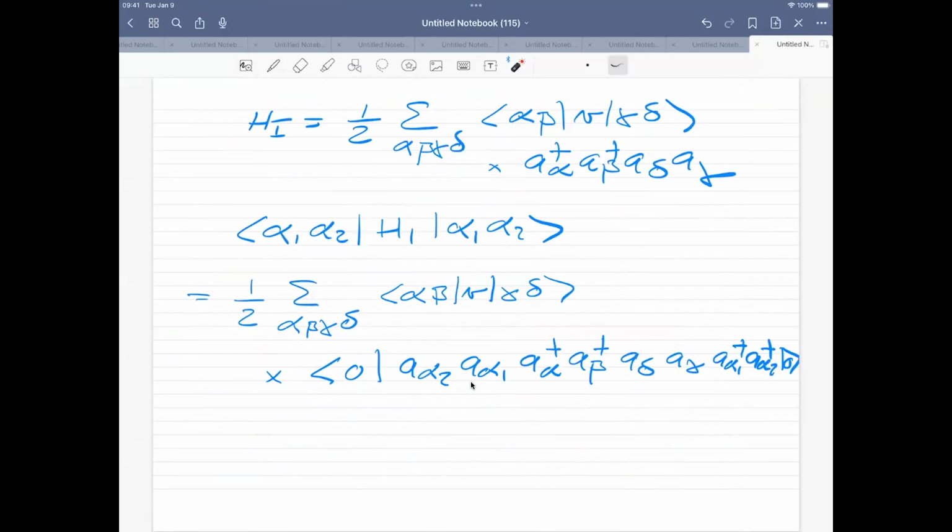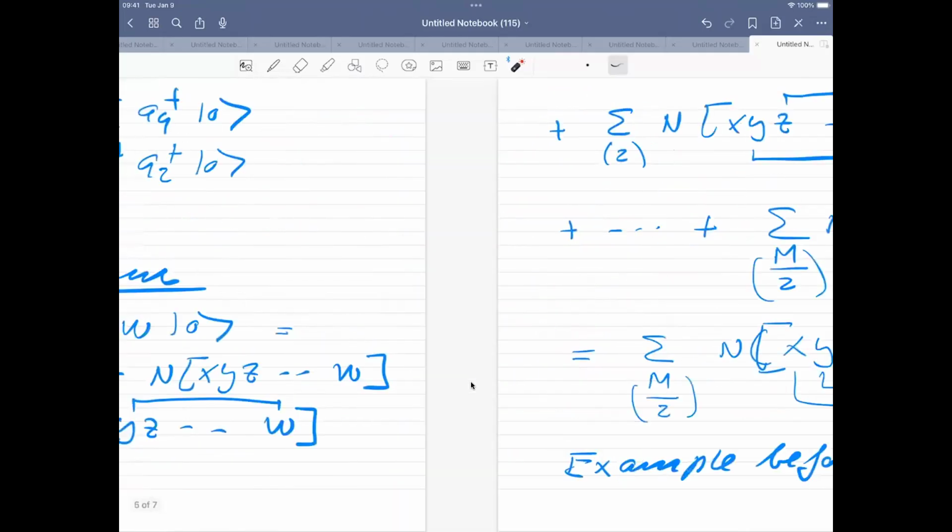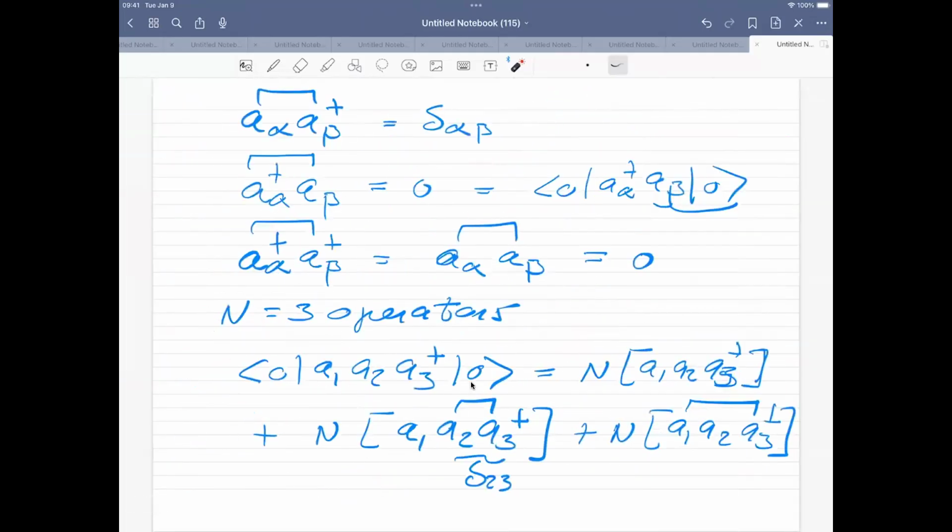So if I do contractions like that, I can contract alpha 1 with alpha 2, but then I'm left with contractions within the operator. So this is by definition zero. This is also by definition zero, because we have a rule which simply says that this is the only contraction which is non-zero.